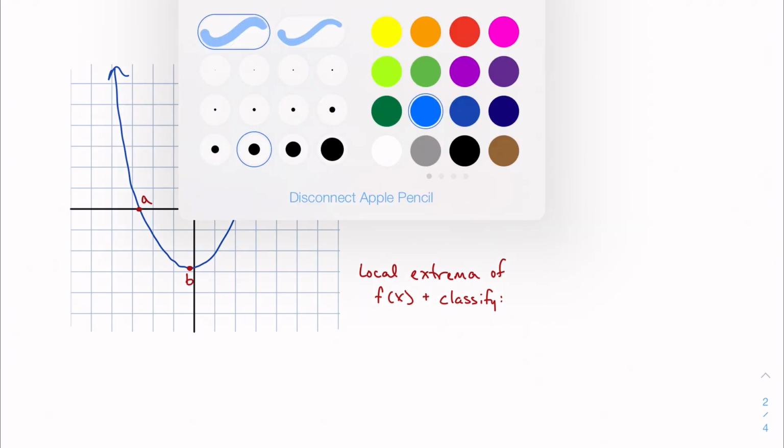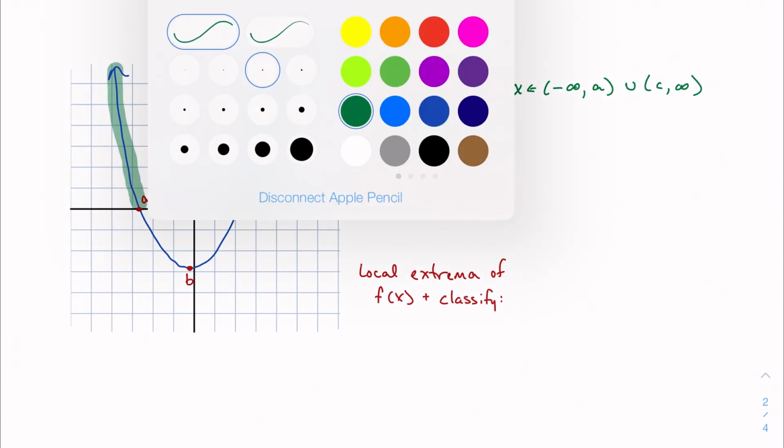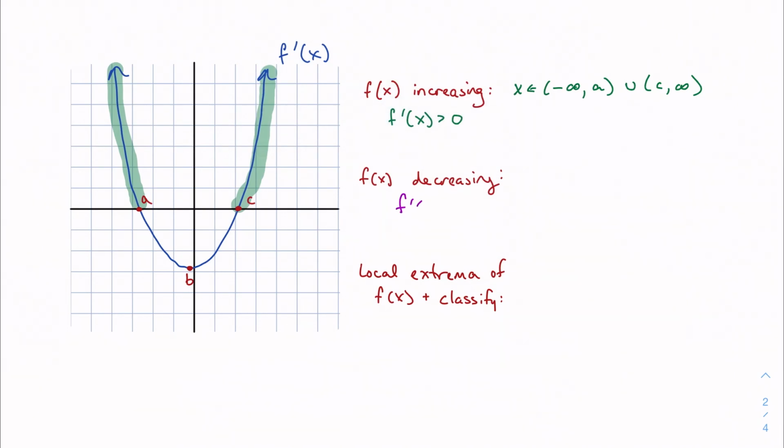Here it is above the x-axis, so it's increasing from negative infinity to a and from c to infinity. Similarly, the function is decreasing when the derivative is negative, so anywhere I'm below the x-axis, right here. So x has to be between a and c, and b is just in there to throw you off.